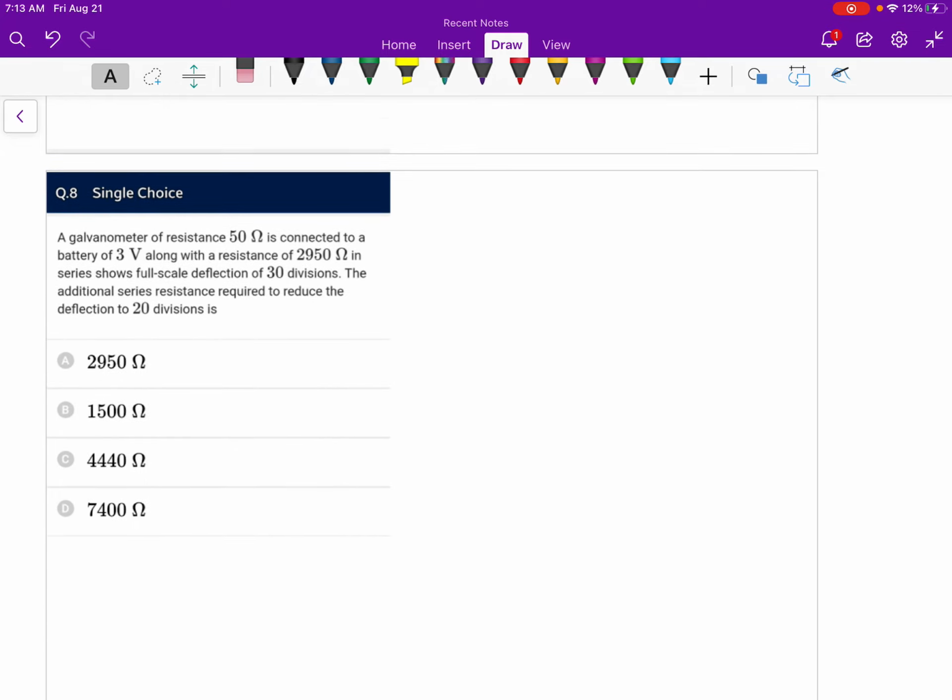Galvanometer of resistance 50 is connected in battery along with a resistance of 2950 in series, shows full scale deflection for 30 divisions. So we have this battery and galvanometer, and full scale deflection is 30 divisions. So V1 was say 30V.